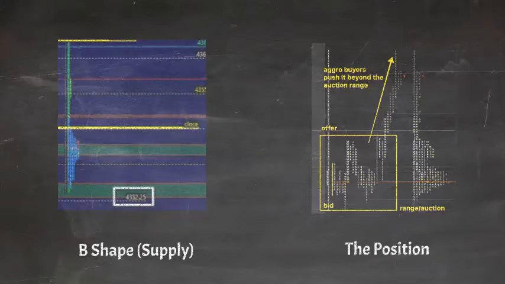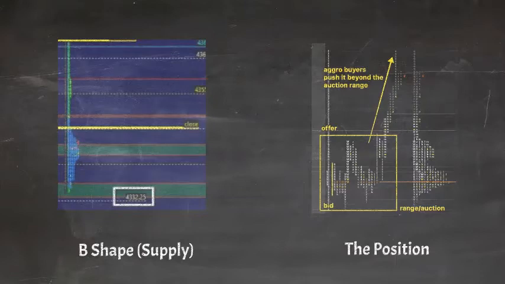Or what's happening in that B shape is the people who shorted the market up high are buying it back at the value area of the B shape, which is known as short covering. When a short position buys to close their position, that's called short covering.